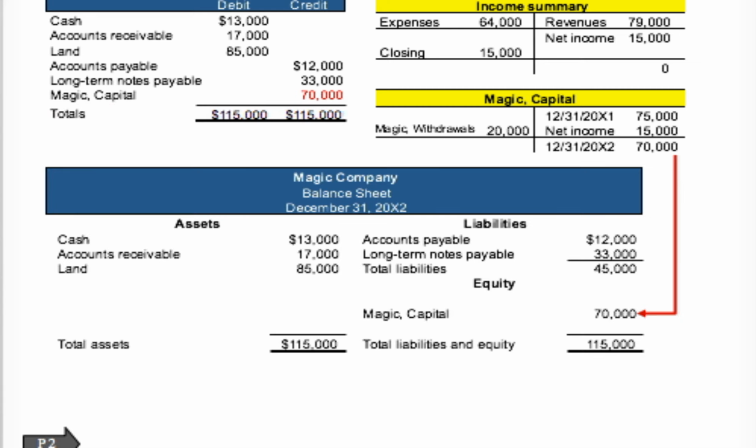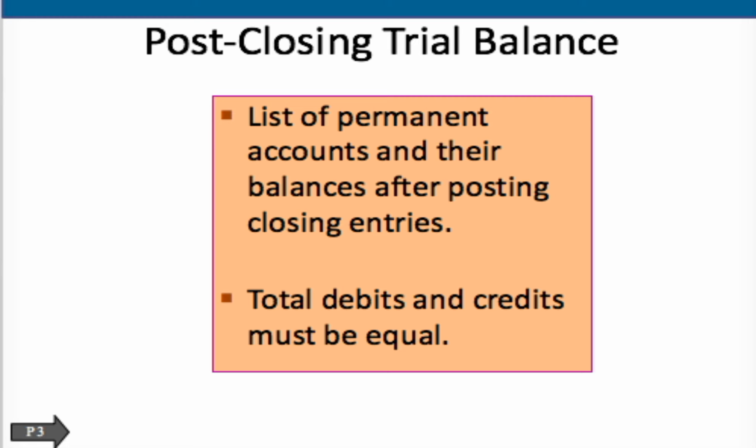Once all of the revenue, expense, and withdrawal accounts have been closed, the remaining balances appear on a post-closing trial balance. The ending balance in Magic Capital now agrees with the amount reported on the balance sheet. After all 4 of our closing entries have been made, we prepare a post-closing trial balance. This is just a list of permanent accounts and their balances from the ledger after all closing entries have been journalized and posted.